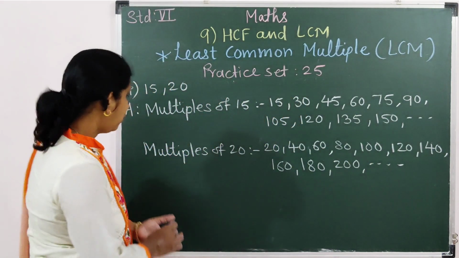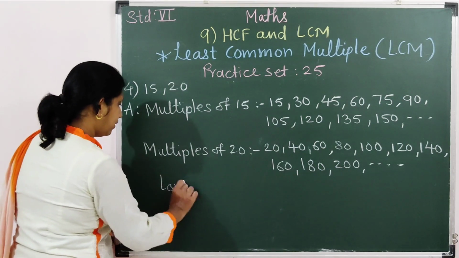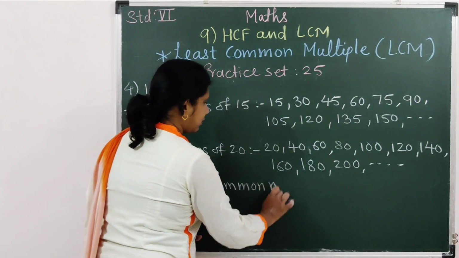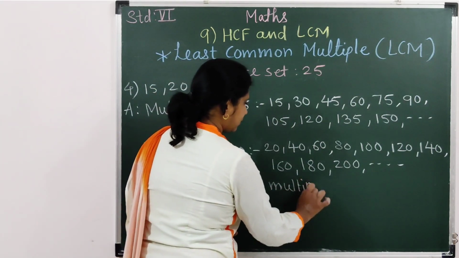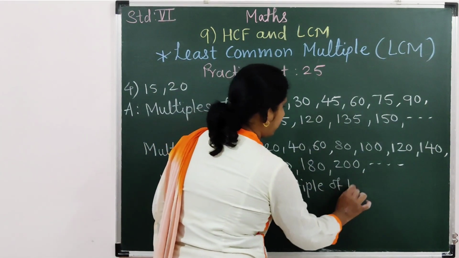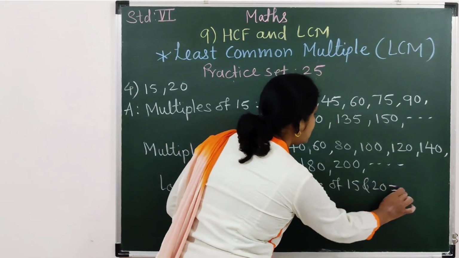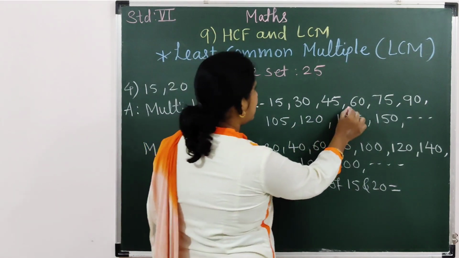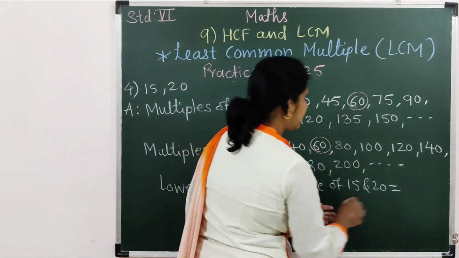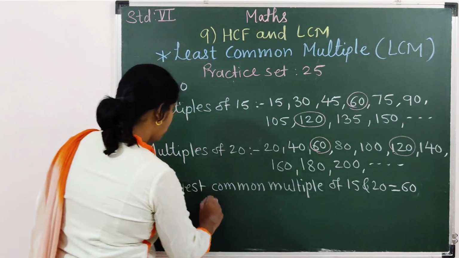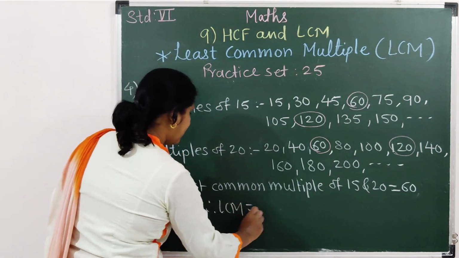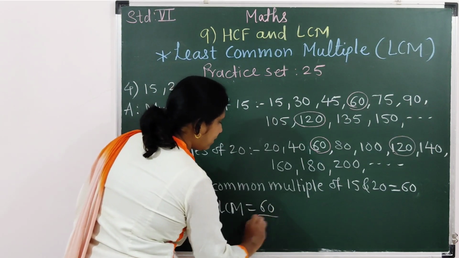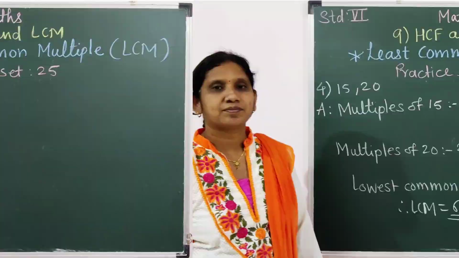Let us find the lowest common multiple of 15 and 20. 60 is there. Yes, 60 is there. Therefore, LCM is equal to 60.